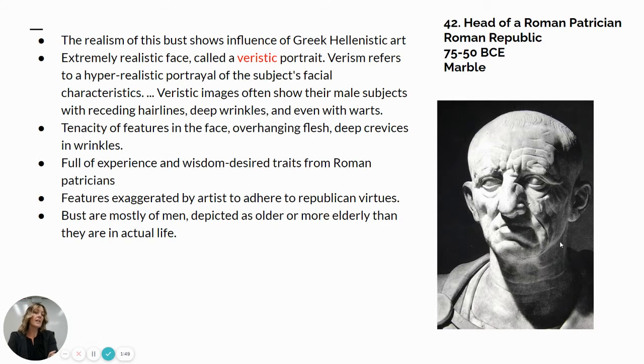And what we see here is a lot of realism, and we talked about it being almost hyper realistic, that a lot of the features are exaggerated, that the person being displayed here is probably not as old in age as they appear to be in the sculpture, but that it is symbolic of the traits of wisdom and knowledge.